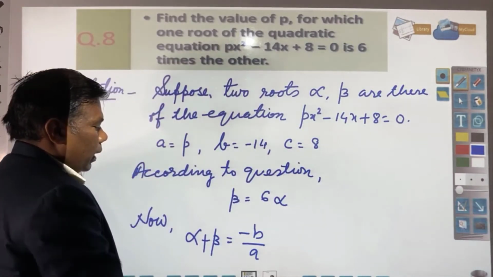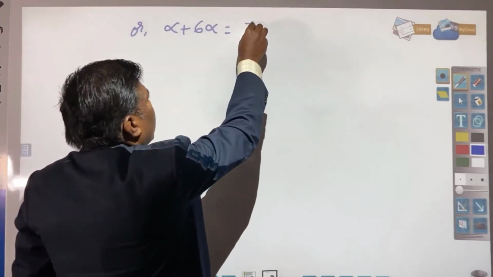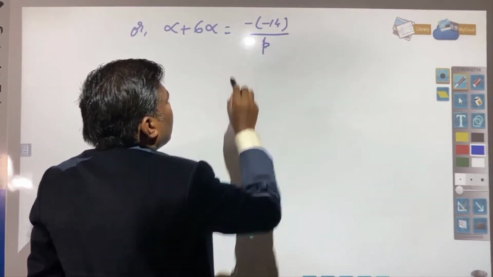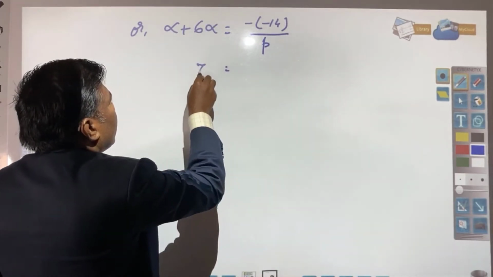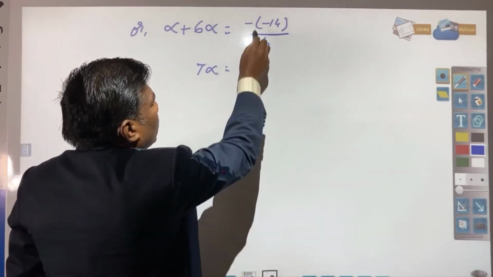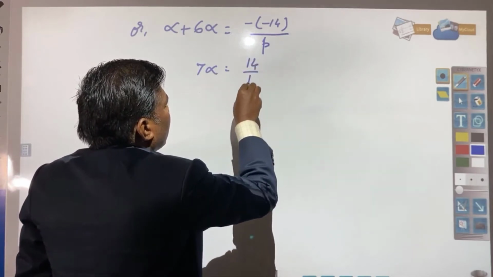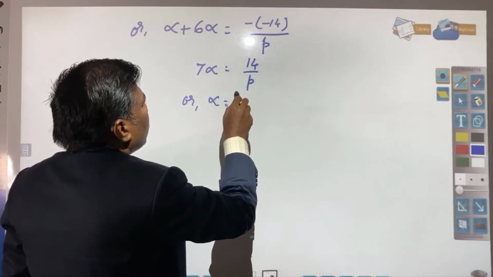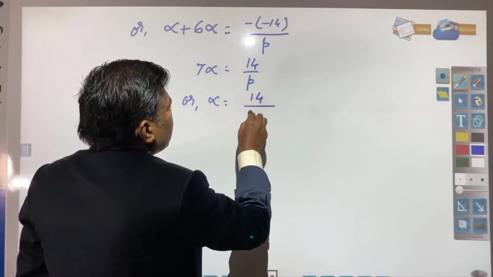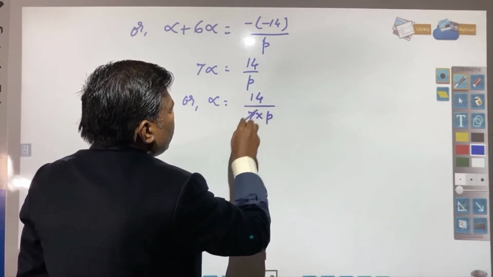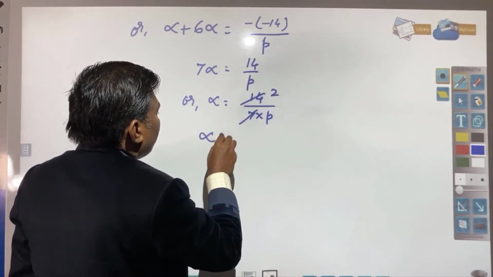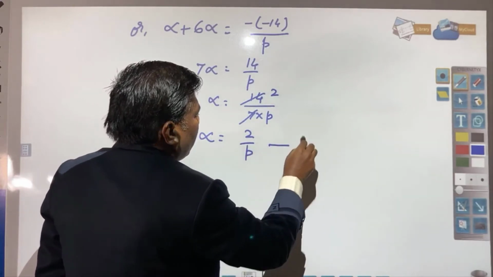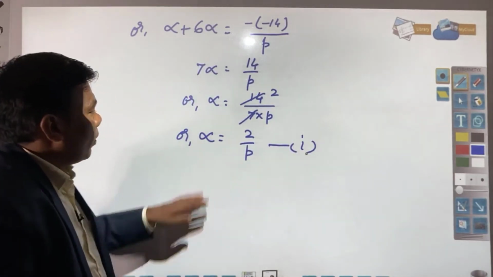So here we will write minus 14 by p, or 7 alpha is equal to 14 by p, or alpha will be equal to 14 by 7 into p, and this will be cancelled. So, alpha will be equal to 2 by p. This you have got. Alpha we have got 2 by p.